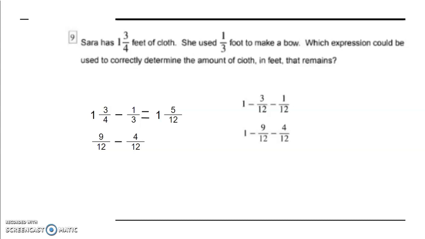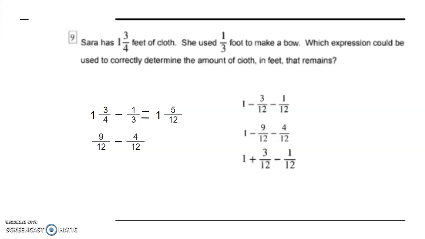I have my 9/12 minus 4/12 already written on there, so that could be a possible answer. The only thing that I see as it being wrong would be 1 minus that as well, because we added 1 in that. So if we do have one that says kind of the same thing but adds that 1, then that would be my answer.